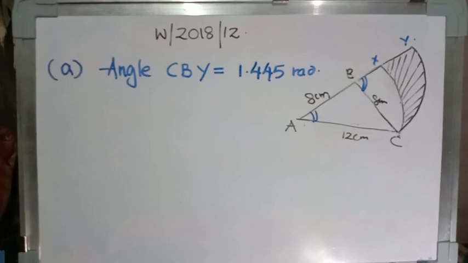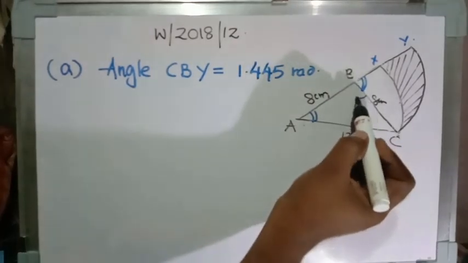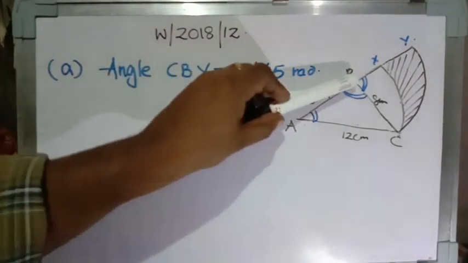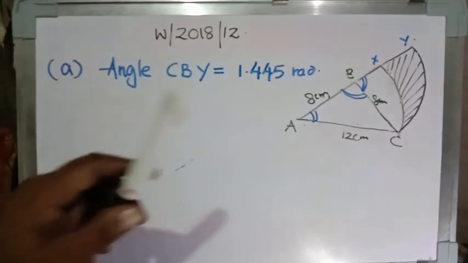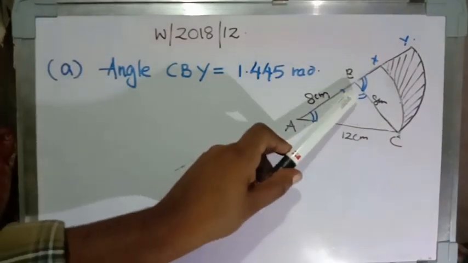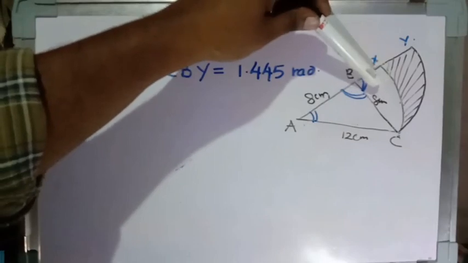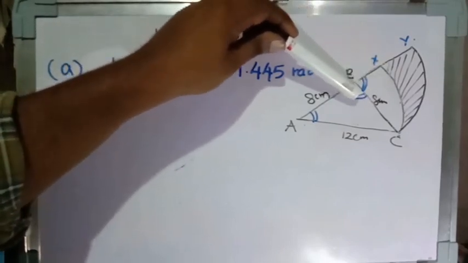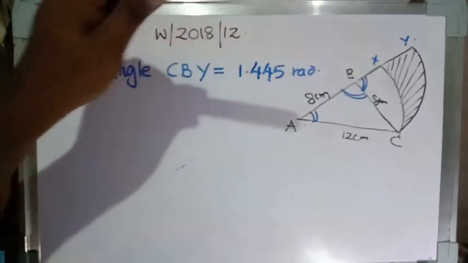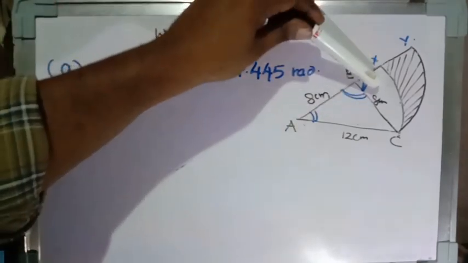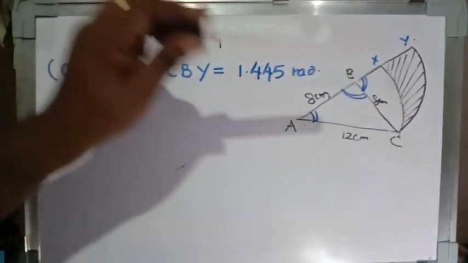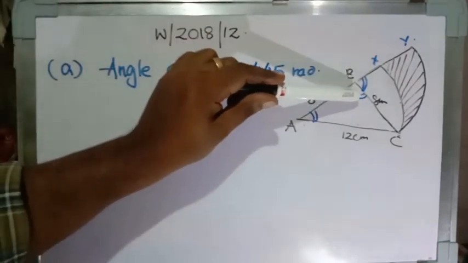If we are able to find angle ABC, then you can identify these two are linear pairs. They add up to pi radian. So you can find angle CBY as pi minus this angle. Now our task is how to find this angle.